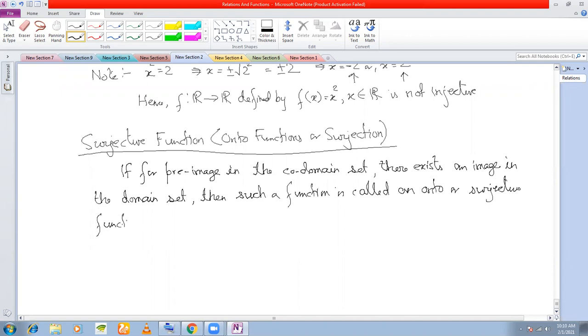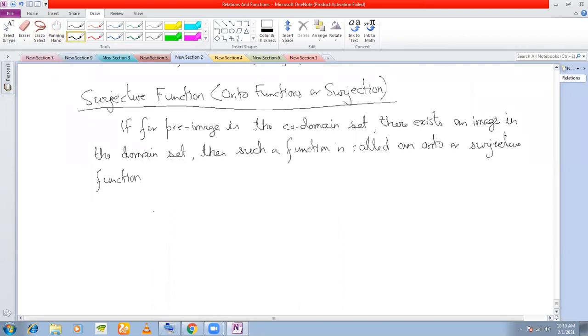Okay, now what does this mean? In case of injectivity or in case of injective function, if you see what was happening there, domain set, codomain set, every element here had an image, right? Distinct image. Maybe same for two elements, the image may be same, but it was distinct, right? This was the case for injection.